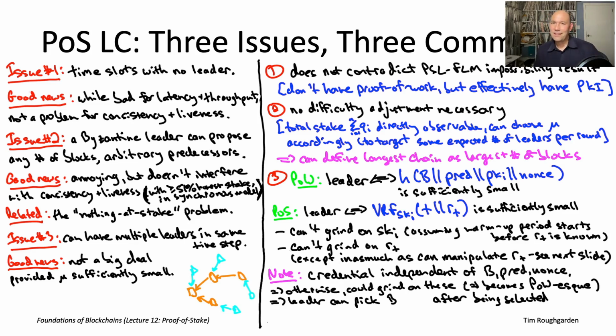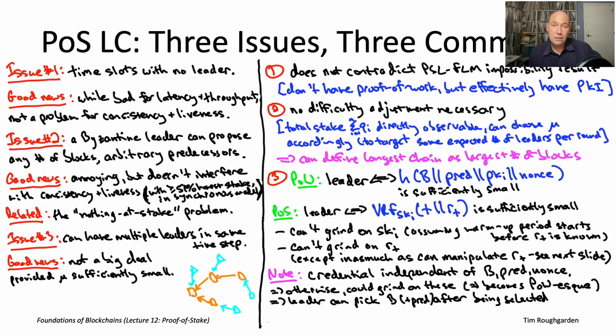Because then validators would be incentivized to grind over all possible choices of the predecessor. Because the predecessor is not part of the input, that means that you get to choose your predecessor after you find out that you've won the lottery. And this is exactly why we have issue number 2 that's listed on the left part of the slide, and why we can have pictures like the orange and light blue picture at the bottom of the slide.